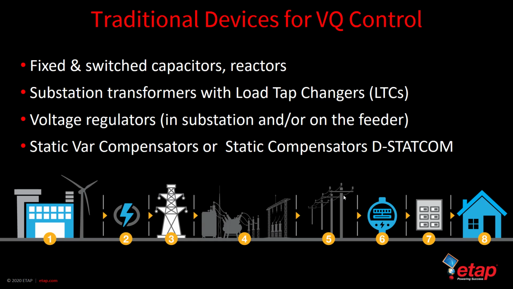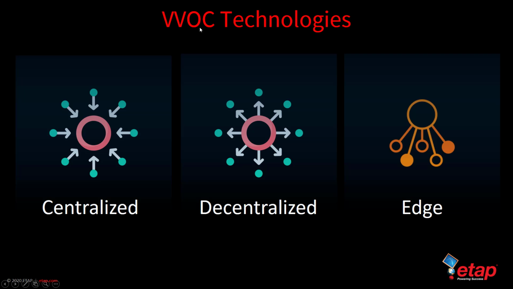It also includes capacitor banks that can supply some of the reactive power that would otherwise be drawn from the supply substations. And it can also include static VAR compensators or distribution STATCOMs, or static compensators, throughout the electrical distribution chain.